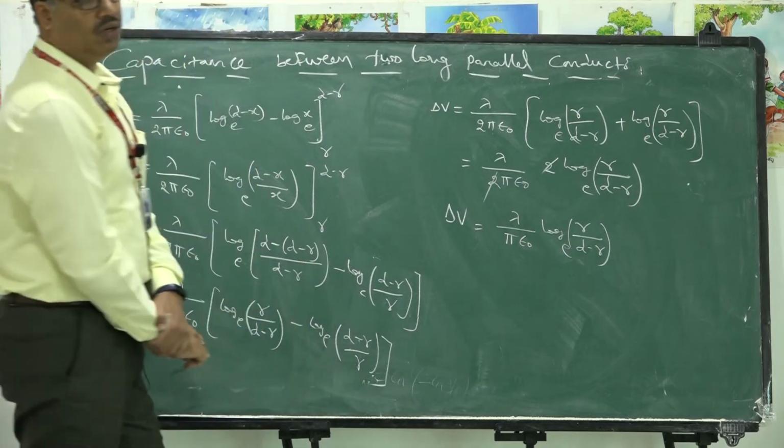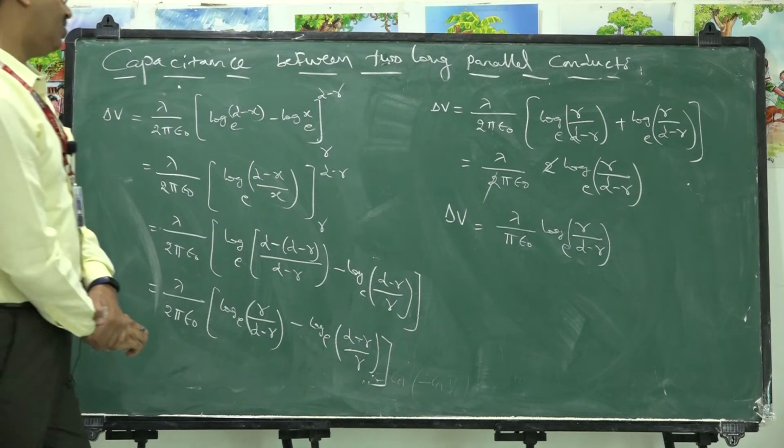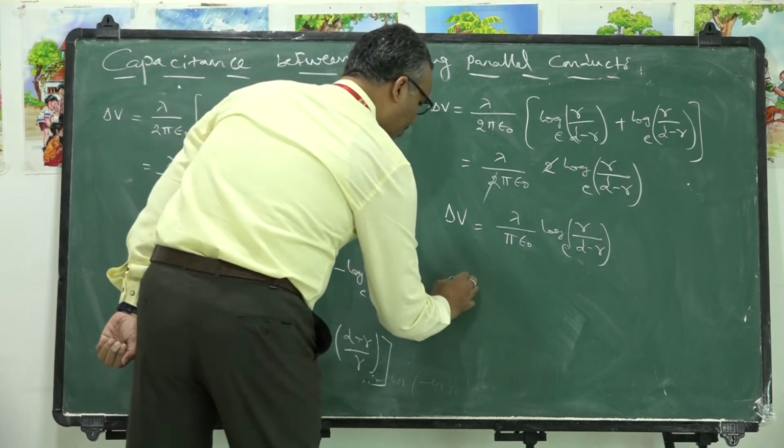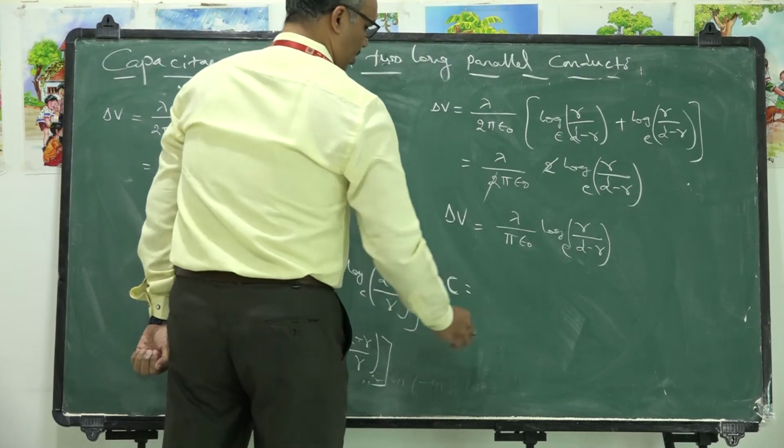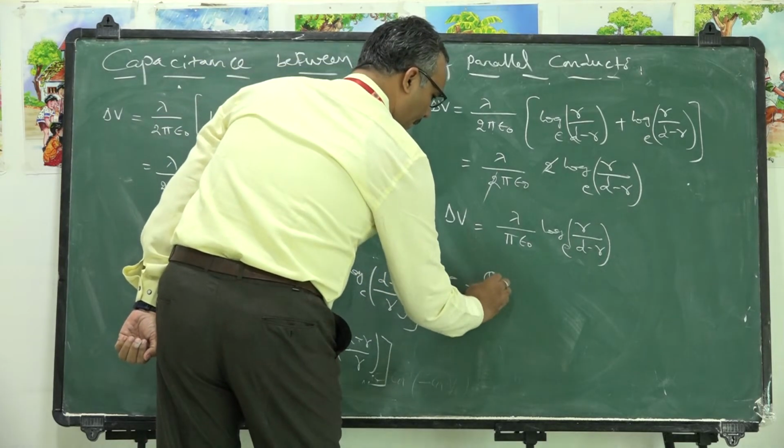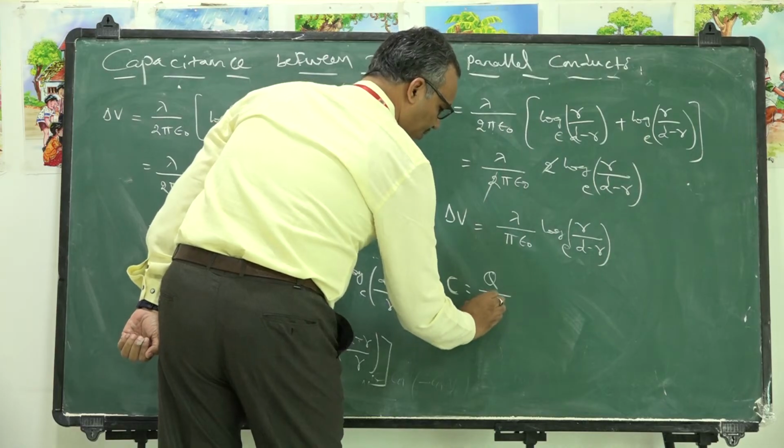between the two conductors. But we need capacitance. Capacitance is given by charge by potential difference.